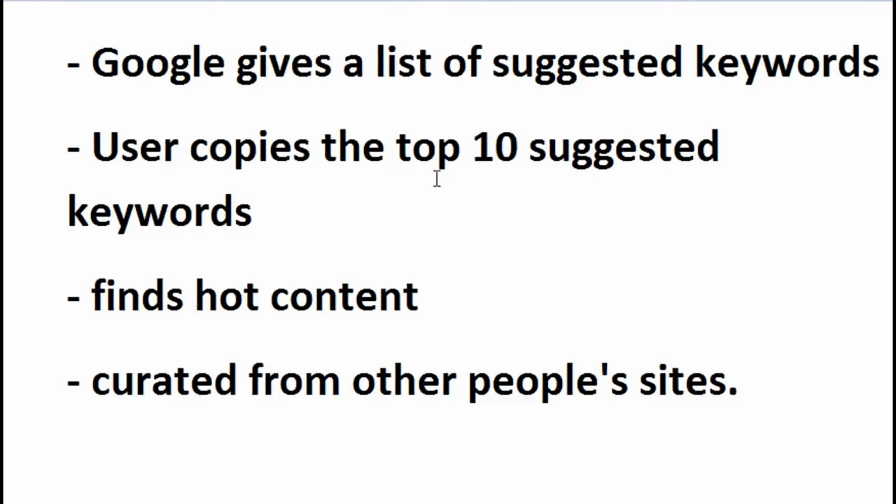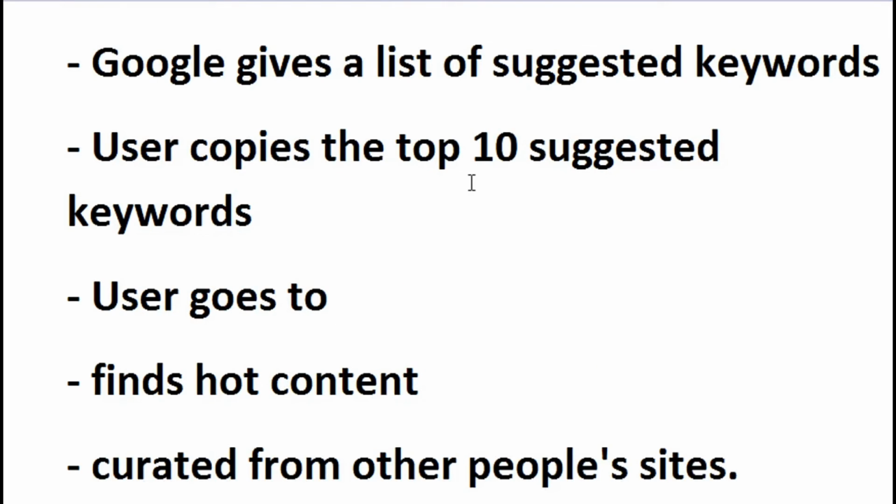User copies the top 10 keywords, and then maybe the user goes to, let's say, Facebook or some blog site, maybe Blogger, or let's say, we'll just call this, user goes to popular blog directory.